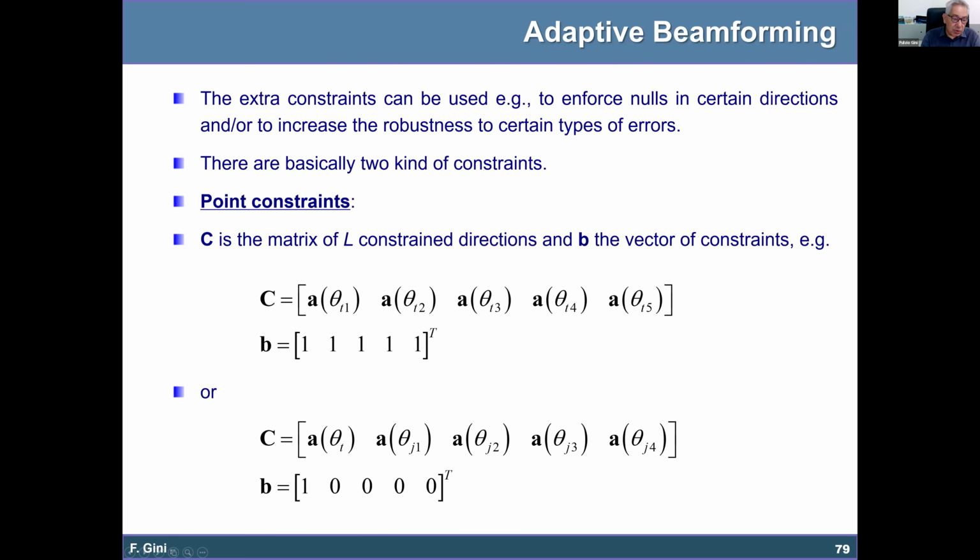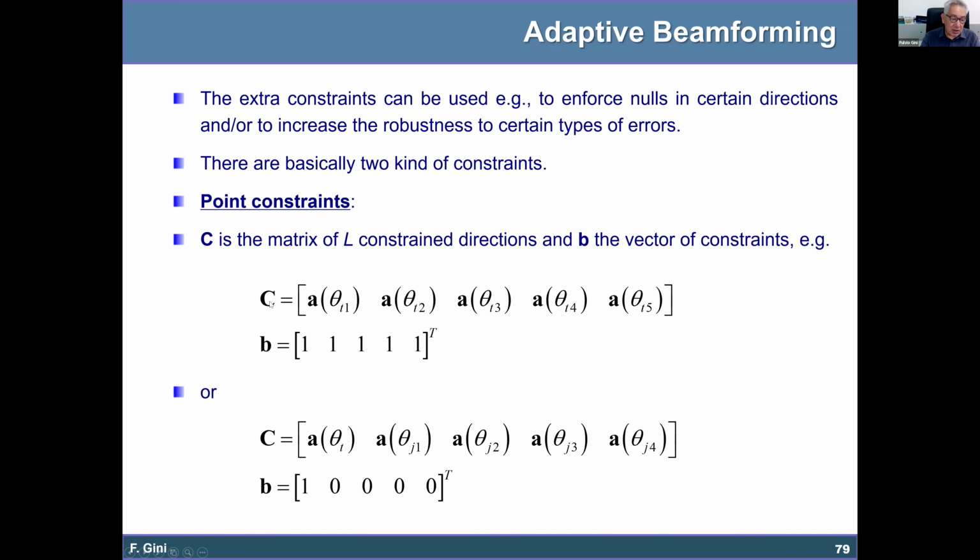Now, as I told you before, the constraints are point constraints, so we fix the response of the beamformer to signals coming from certain angles to be either 1 or 0. So we impose a distortionless constraint from some angles, and we put nulls at some other angles.